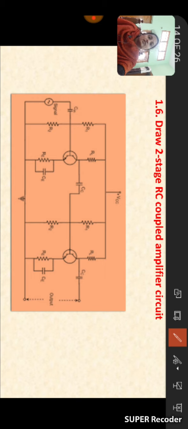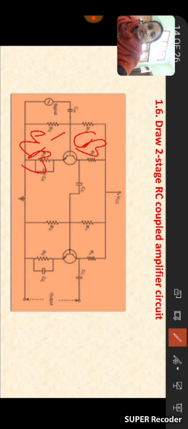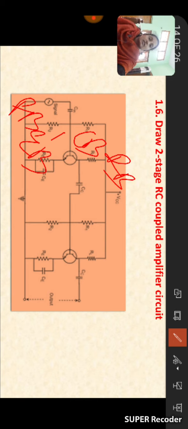And here the resistors R1 and R2 are used for providing proper biasing. Biasing means to make the emitter base junction of the transistor forward biased, and the collector base junction reverse biased.